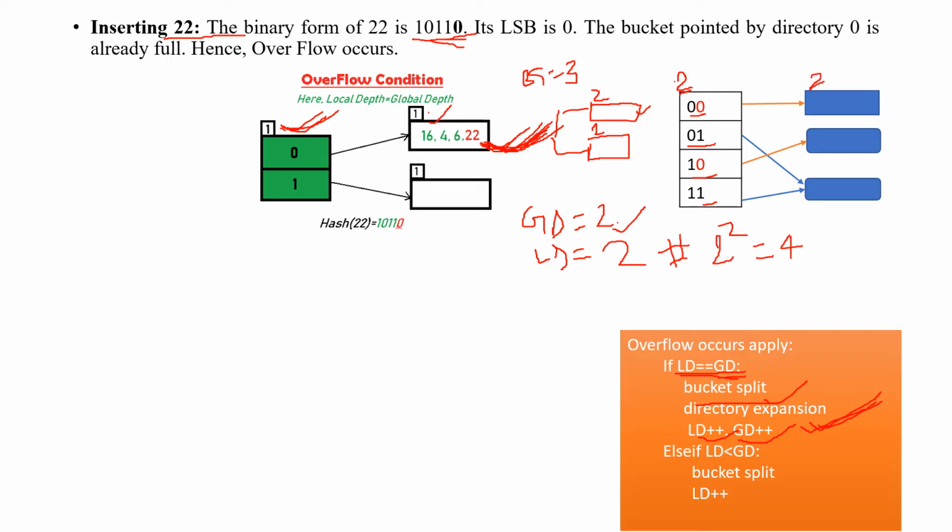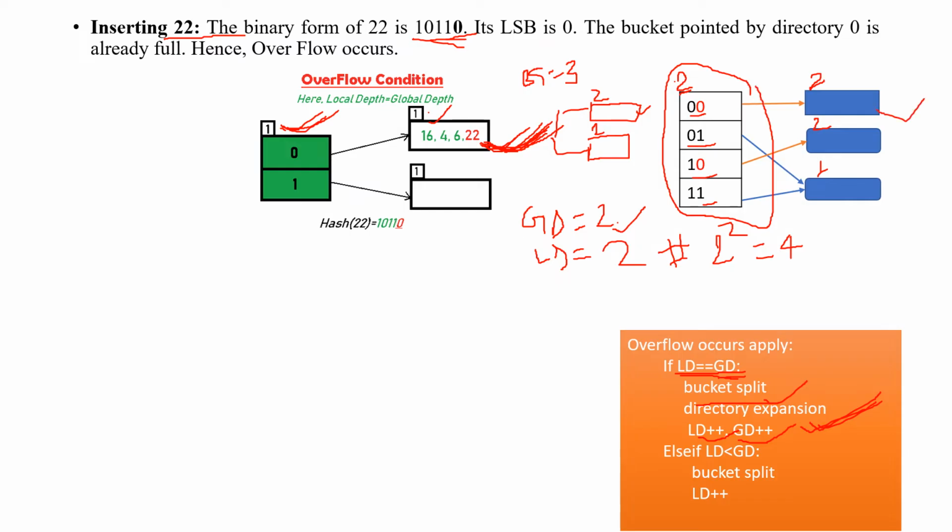And one more important thing is which directory ID is going to point to which bucket. That's a very important question. You have expanded the directory, and you have also split the bucket.